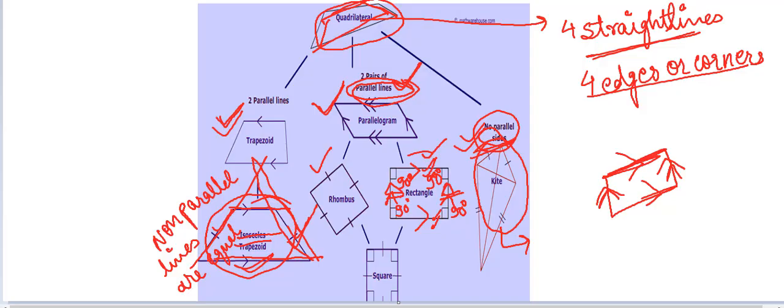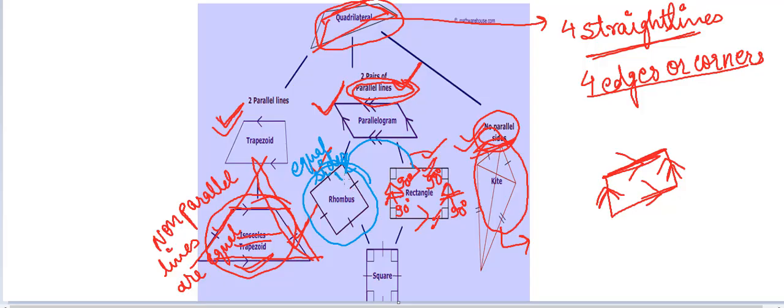What is a rhombus? Basically, rhombus is similar to rectangle, but the only difference is it has equal sides. All sides are equal in rhombus and opposite angles are also equal.